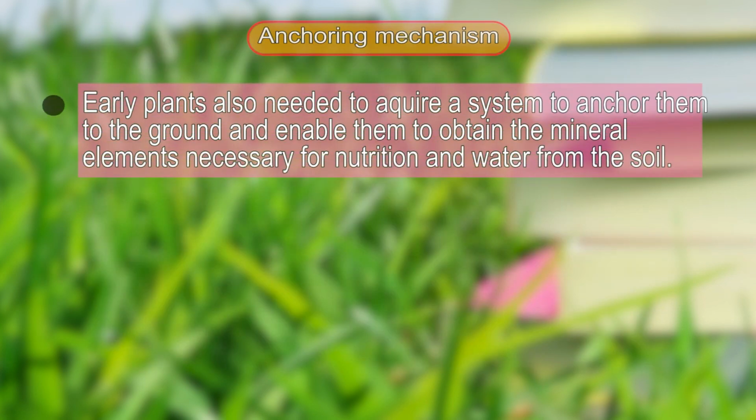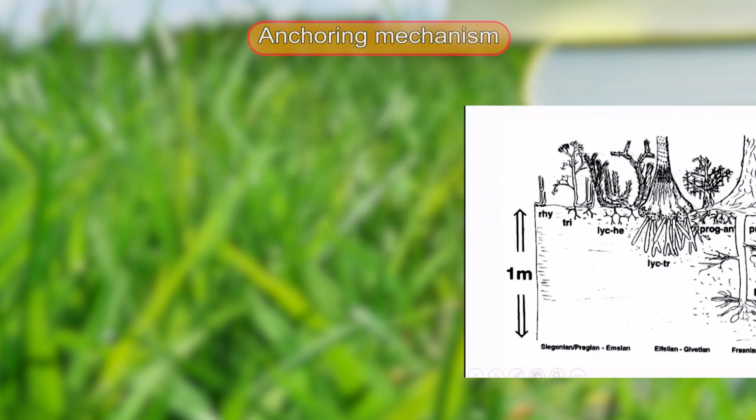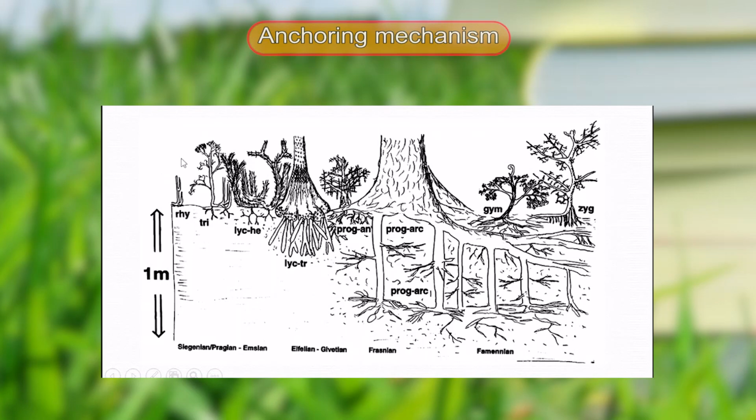Another event that took place is the anchoring mechanism. Early plants also needed to acquire a system to anchor them to the ground and enable them to obtain the mineral elements necessary for nutrition and water from the soil. The root system developed around 408 million years ago, in the early Devonian. Let's see this picture. You can see these were the primitive plants. Slowly it evolved and the modern plants were formed.